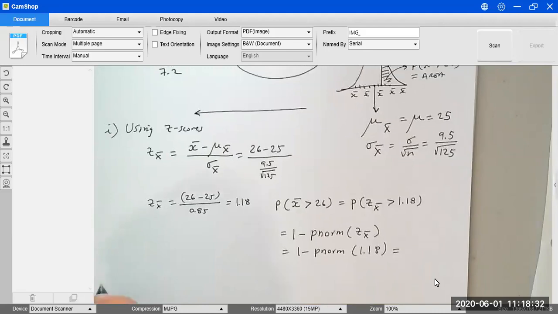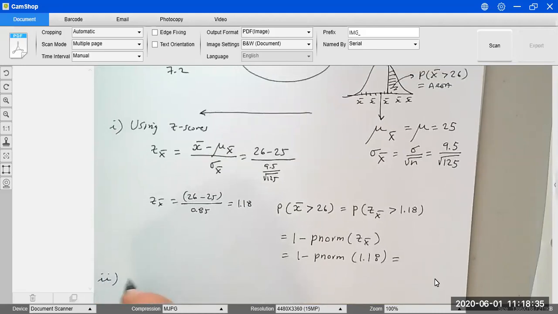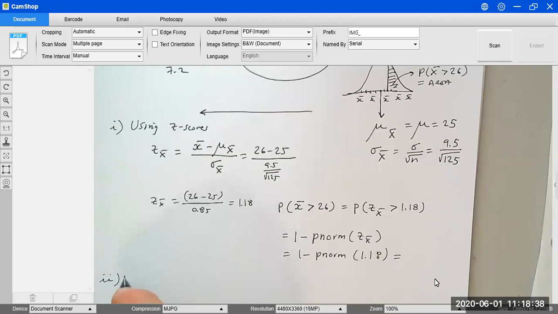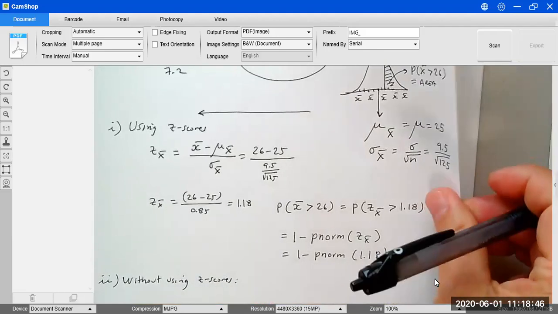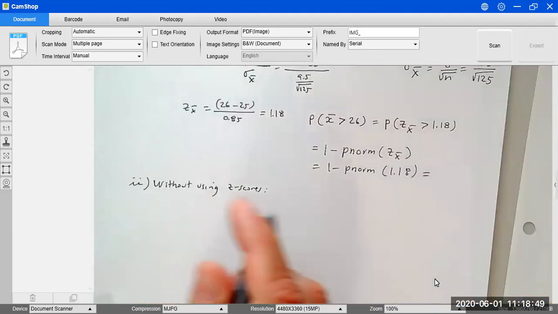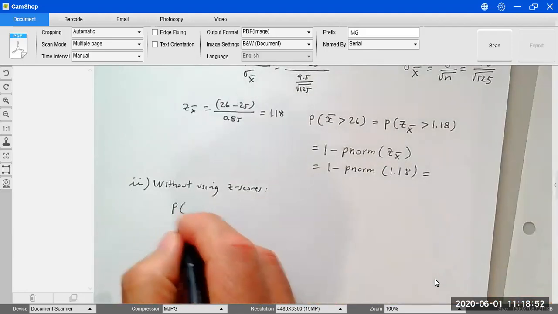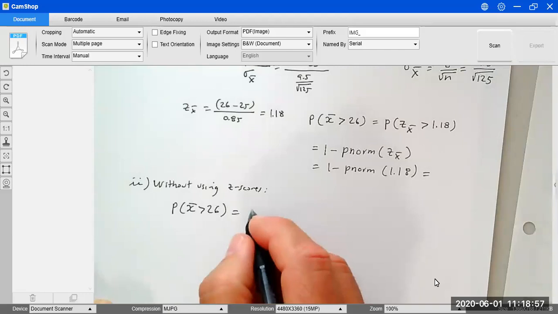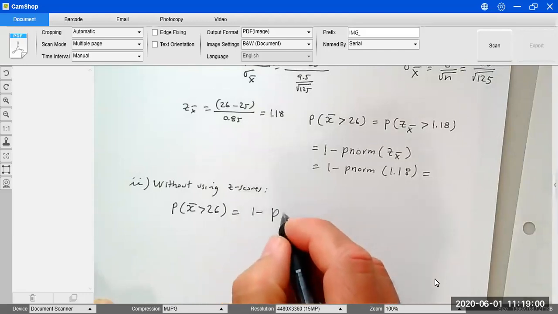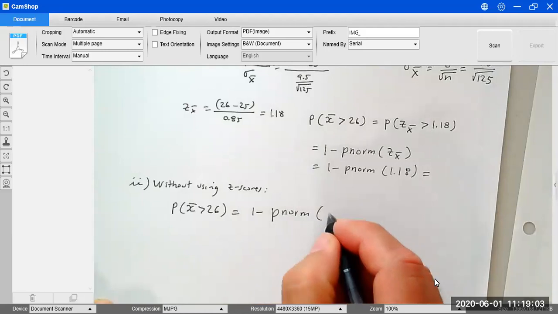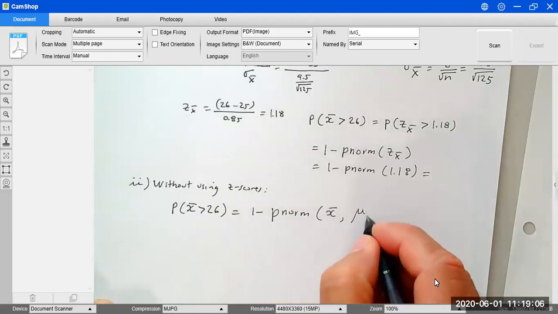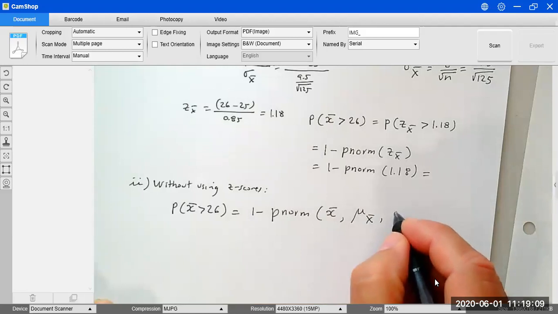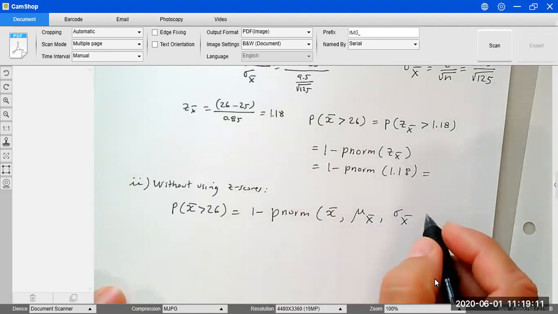The second method, let's write here, is without using the z-scores, directly using just the value. So the probability that the mean is going to be greater than 26 is just 1 minus p norm, and we're going to provide the mean of the means and the standard deviation of the means.